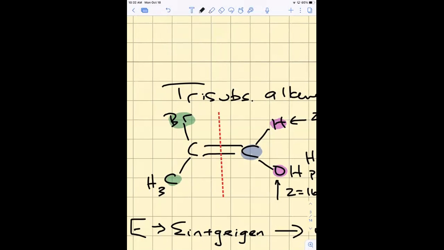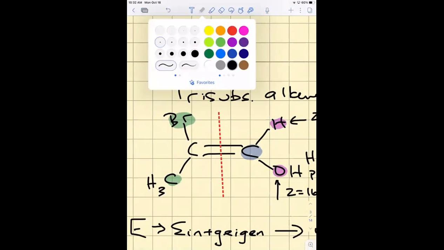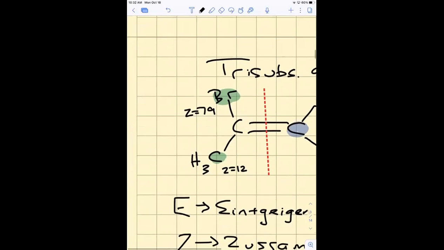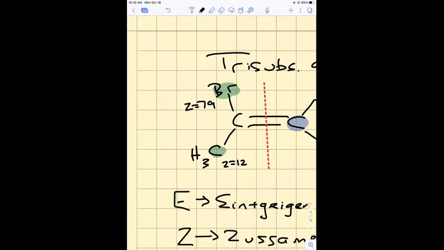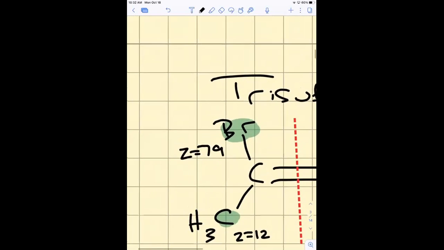Bromine has an atomic number of 35, and carbon has an atomic number of 6. So which one is higher? Bromine, right? So your high priority group is here.